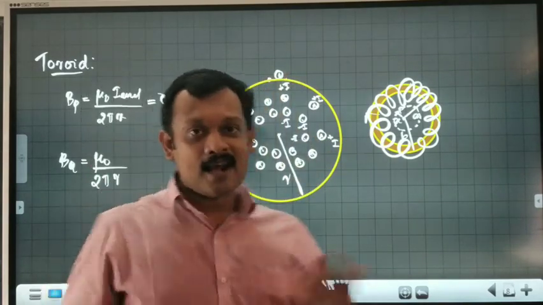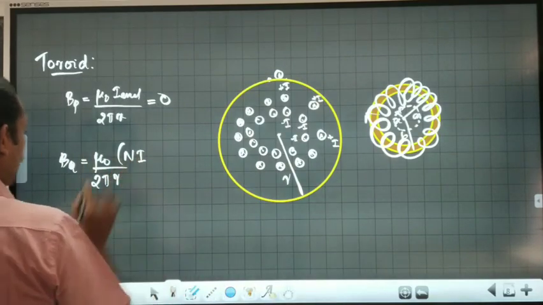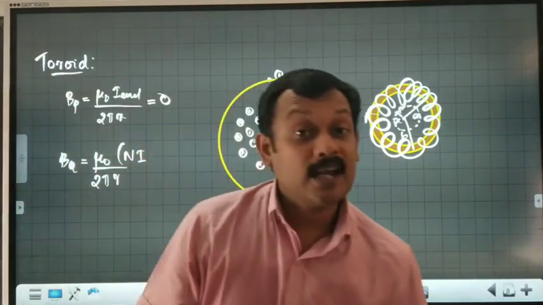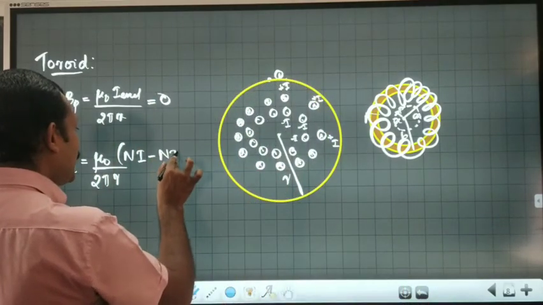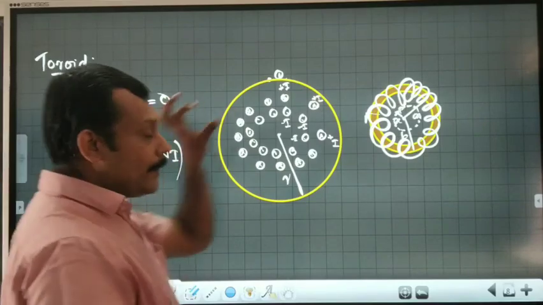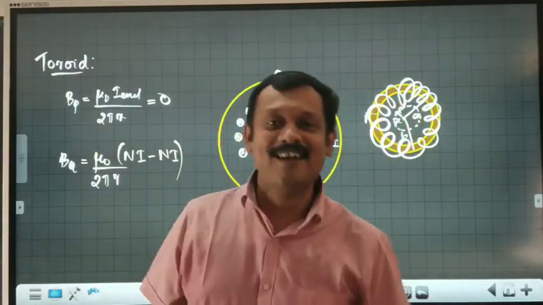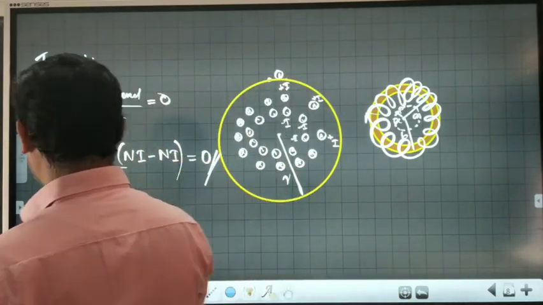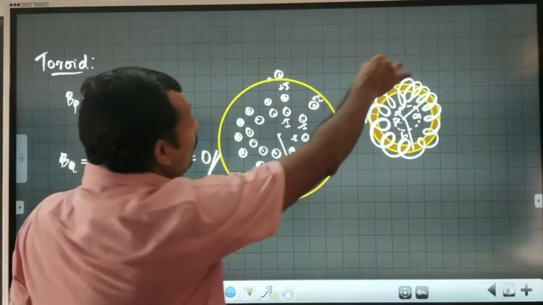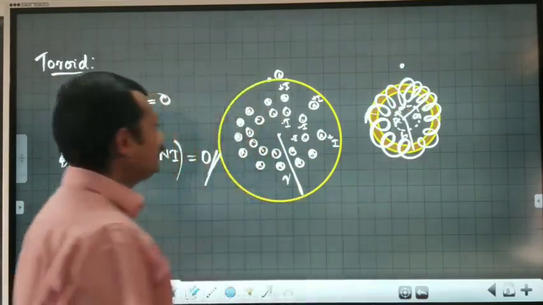How many plus I's are there? Mu 0 times a capital N plus I. If you have capital N plus I, then capital N minus I is also there, right? The number of currents going into the board is equal to the number of currents coming out of the board. So what is the net current enclosed? It is also coming out to be 0. Which means there is no magnetic field at this point as well as this point.